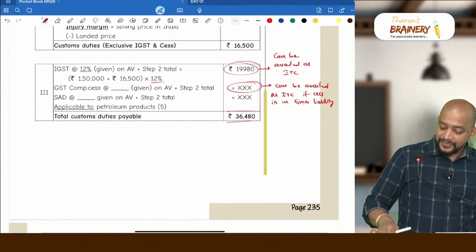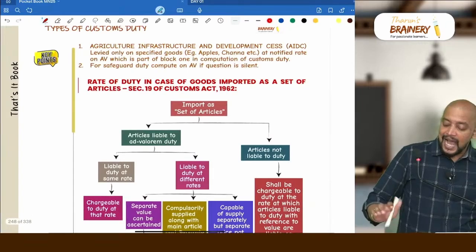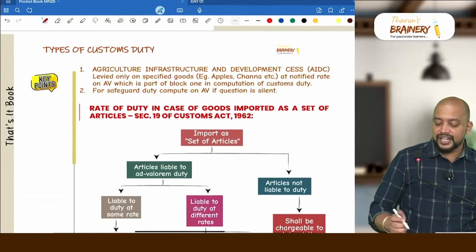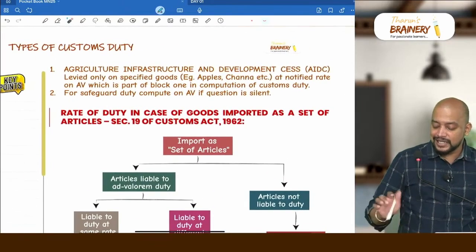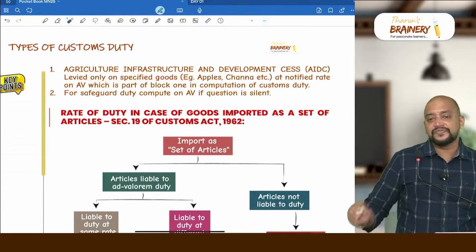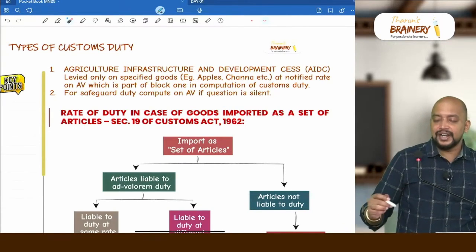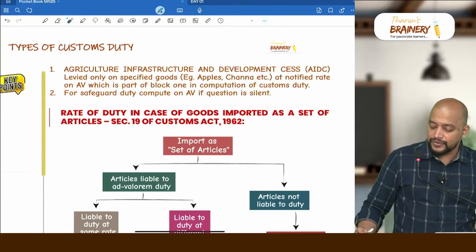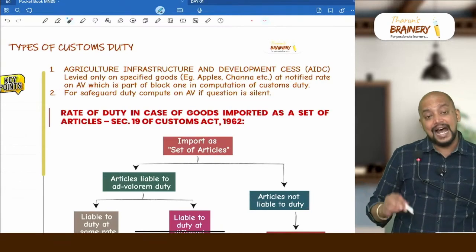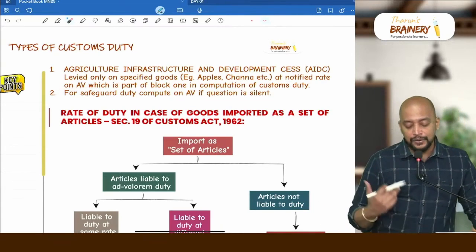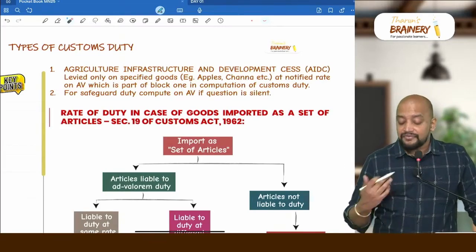Then next, with respect to this, agriculture and infrastructure development cess, one additional cess like that is there. It is levied only on specified goods, that is apples, chana, etc., at a notified rate. It will be given in the question. When they give it, what you need to do? We need to take it on assessable value, always on assessable value. And where is it computed?